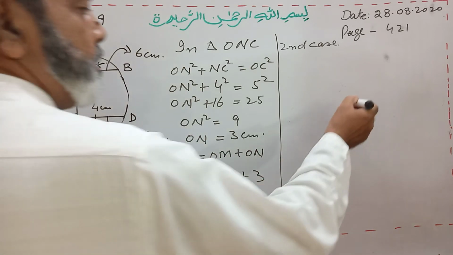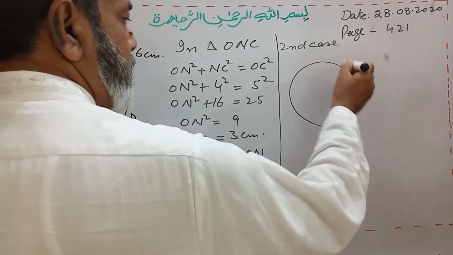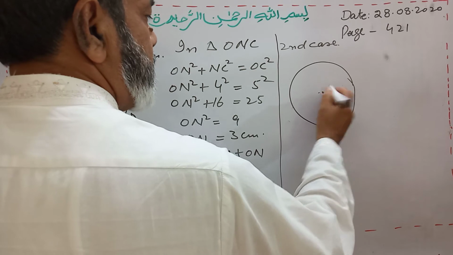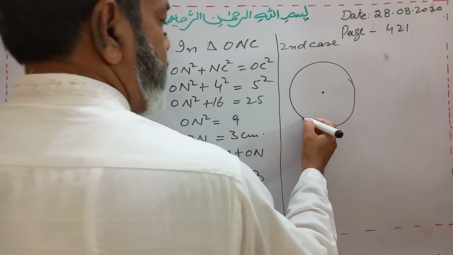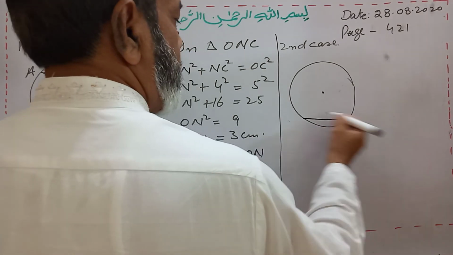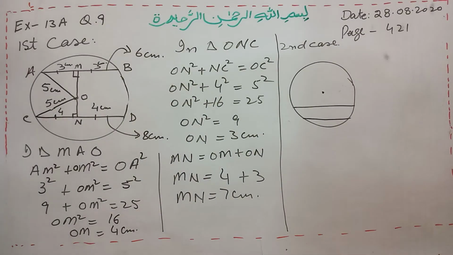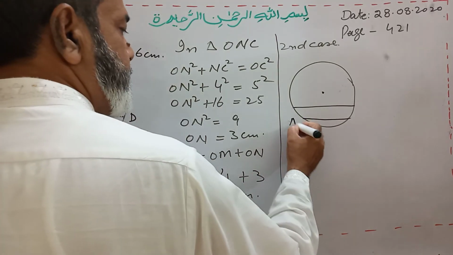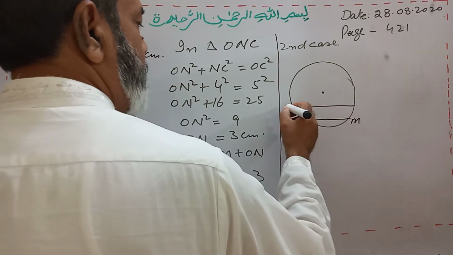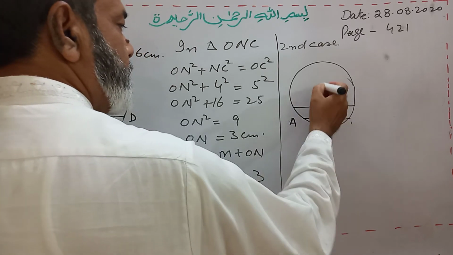So this is the circle, this is the center of the circle, one is this chord and the other is this chord. The shorter is AB and the longer is CD. This is O.